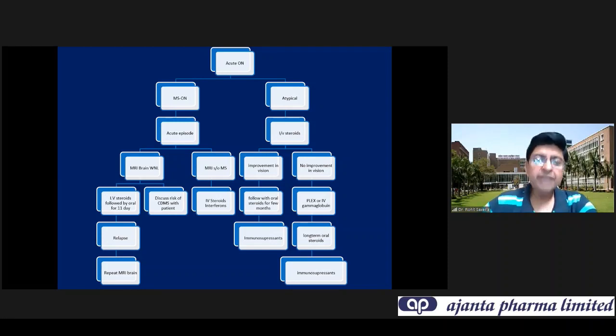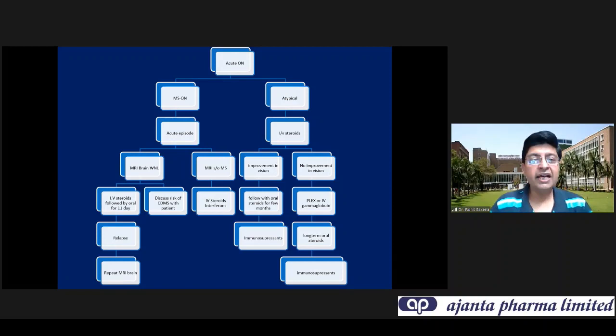Although NMO does present in an older age group, so 40 to 50 may be the initial presentation of a patient of NMO, but based on percentage and likelihood, it is very, very low. So in an older patient, keep ischemic in mind, because by giving IV steroids to a patient who has baseline diabetes, you may actually worsen the diabetes, and of course, the side effects of IV steroids can be significant.